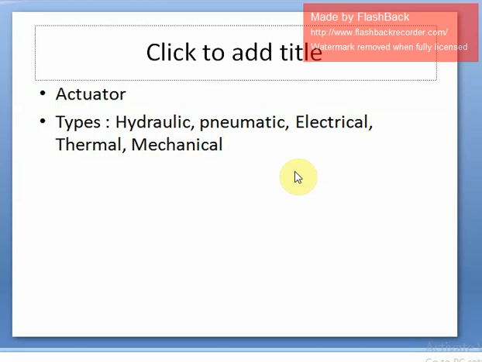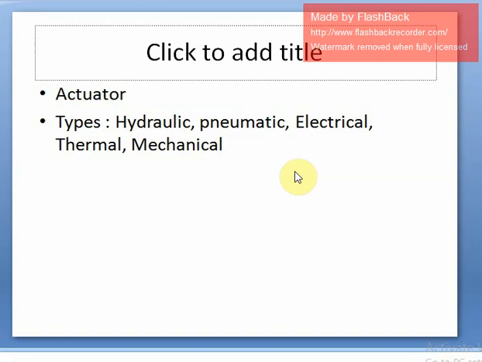So typically these actuators are based on some control system, and they act on the environment. The actuator basically requires some kind of control signal and a source of energy for its functioning, right? When these actuators receive a control signal, they respond by converting that energy into a mechanical motion. So mechanically something is going to be done.